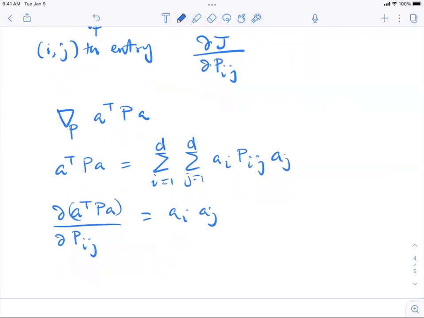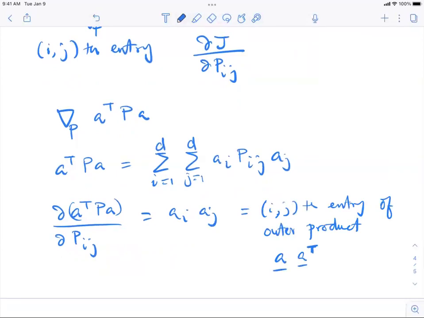But what is a_i a_j? That is just the ijth entry of the outer product of a with itself. There are other slick ways in which I could have derived it by introducing trace and all that, but this direct approach is absolutely fine for our purposes. So what we have just shown is that the ijth entry of the gradient is the ijth entry of the outer product.